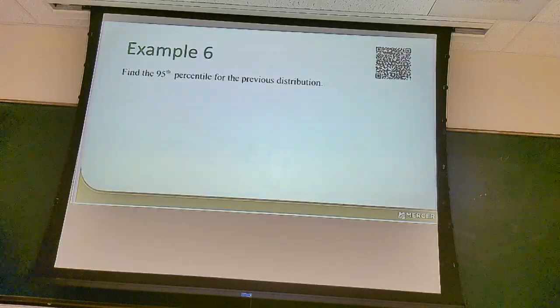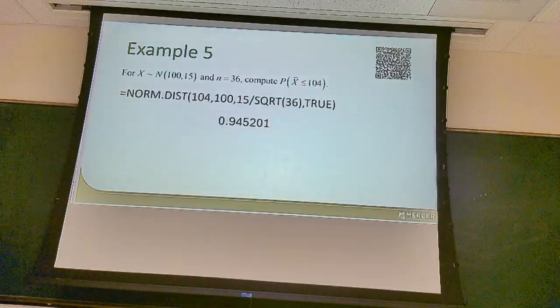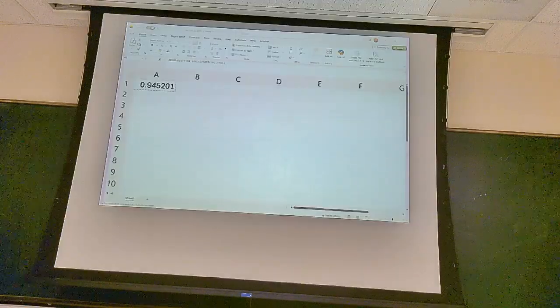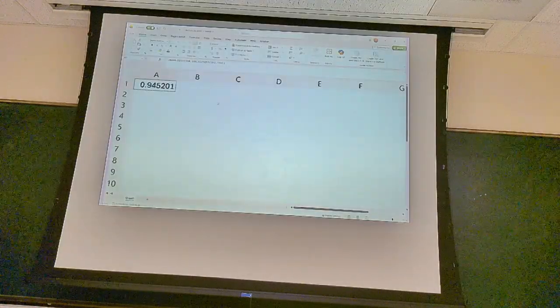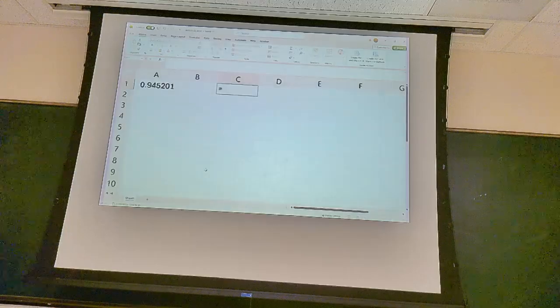And the 95th percentile for the previous distribution. So I'll just go back to there for now. We want the 95th percentile, which means we want an inverse norm, right?